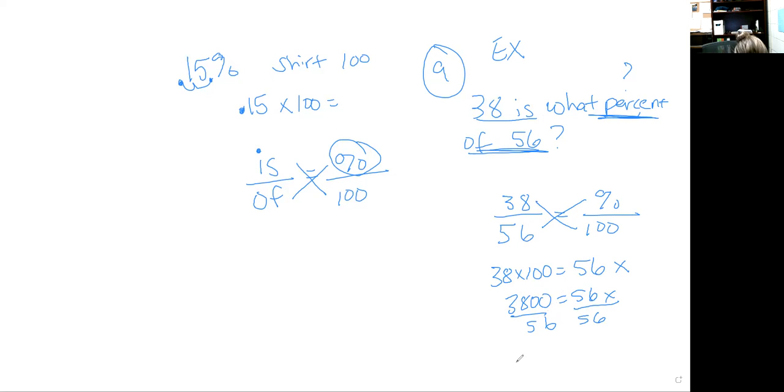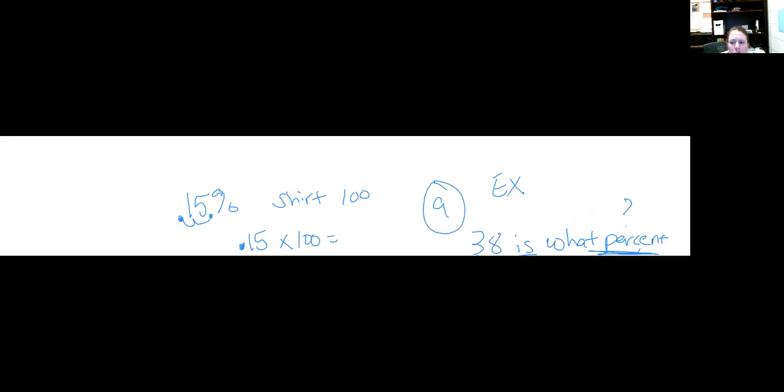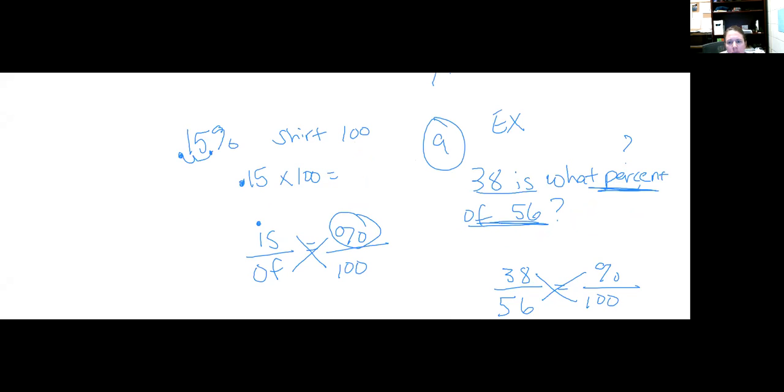And you should get 67 point... it doesn't say round. Okay, so we'll just round to 2 decimal places. 67.86, okay?